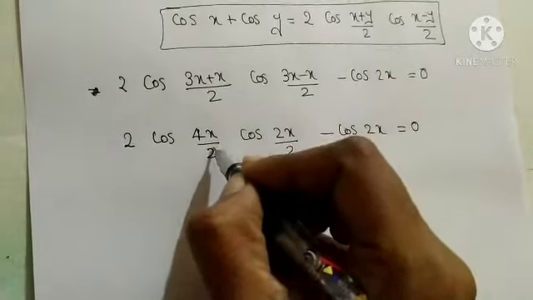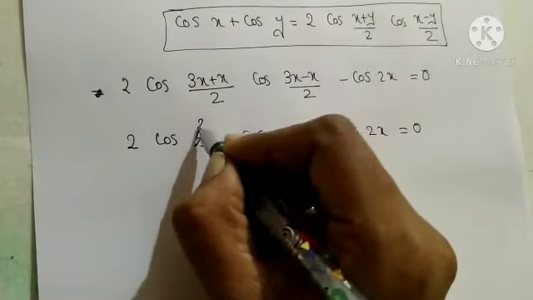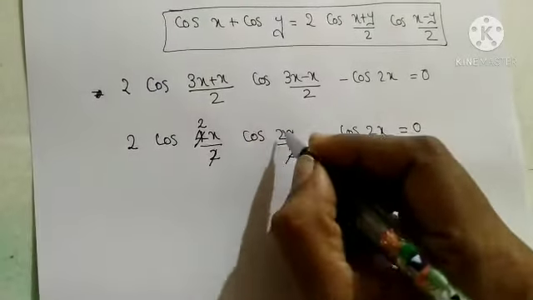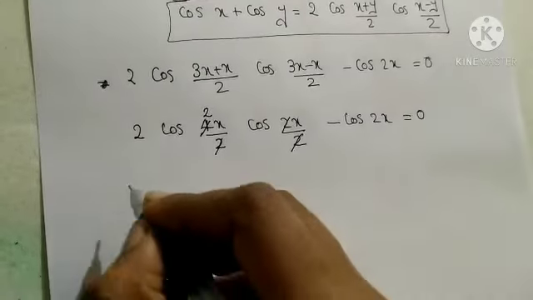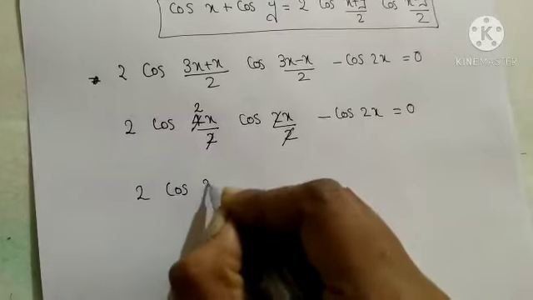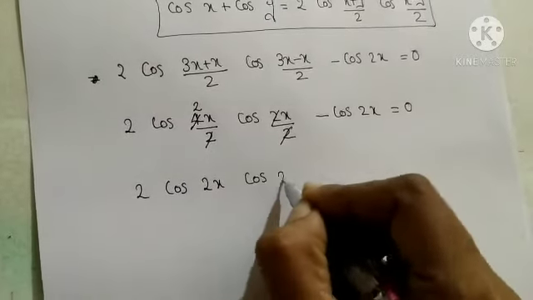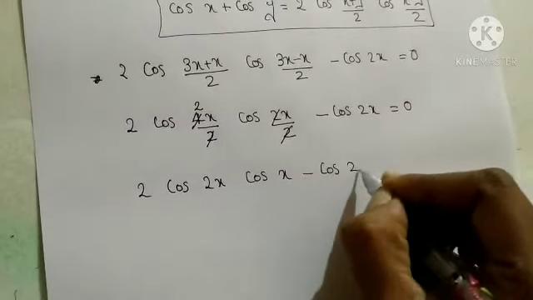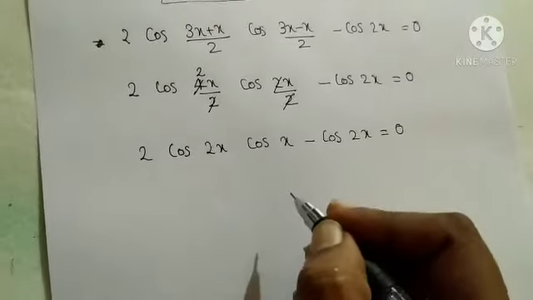Cancelling the 2 and 4, it becomes 2x here, and cancelling these 2s, the next step will be 2 cos 2x into cos x minus cos 2x equal to 0.